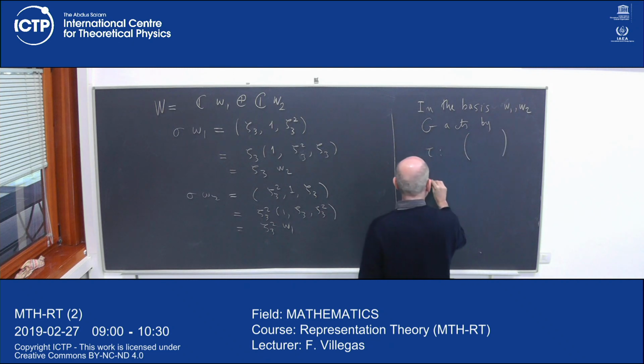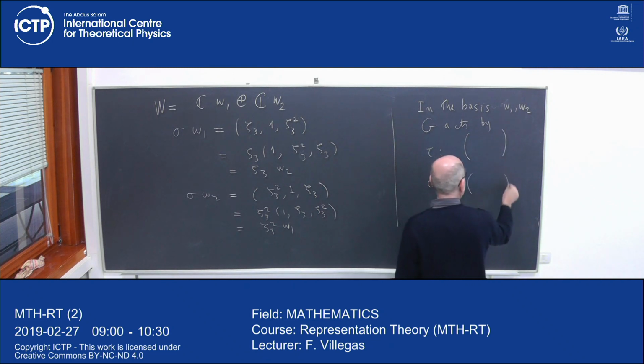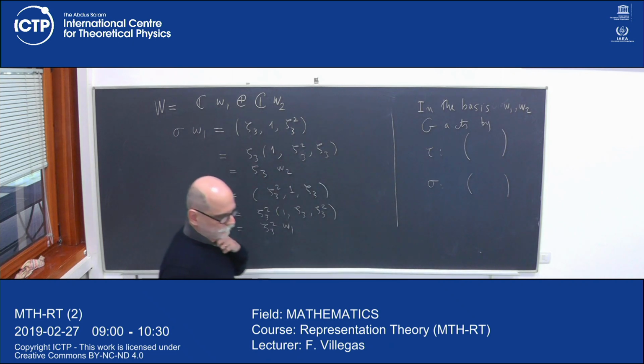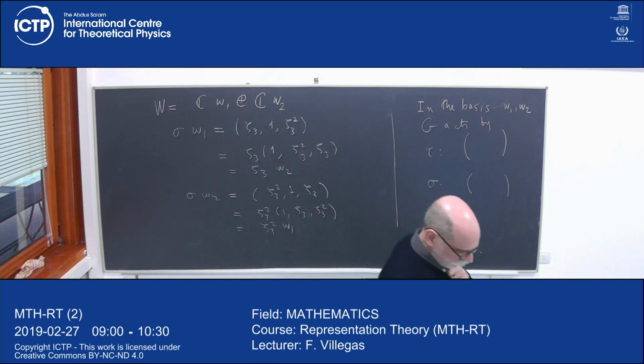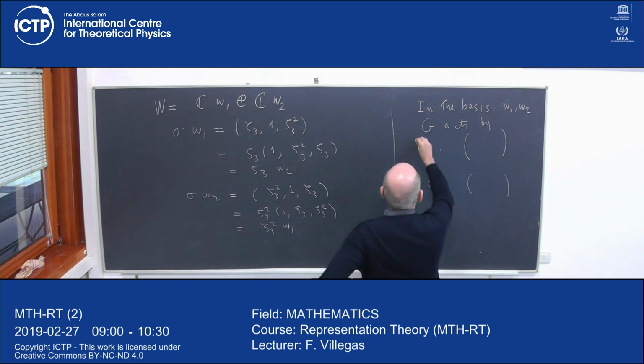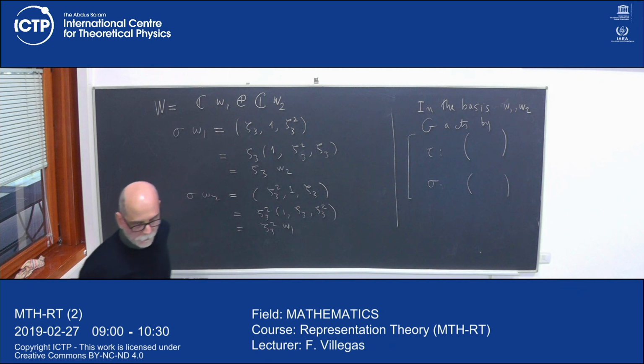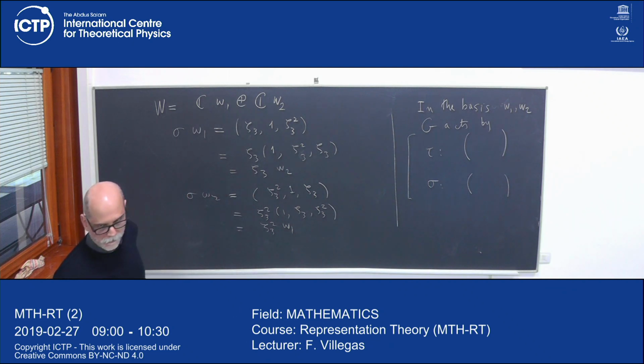It's a 2 by 2 matrix. So tau on this basis acts diagonally, right?